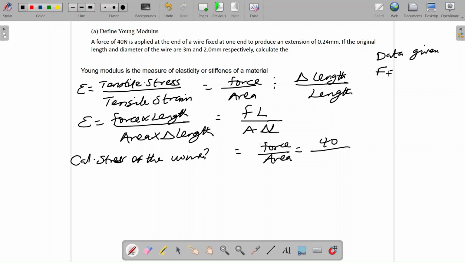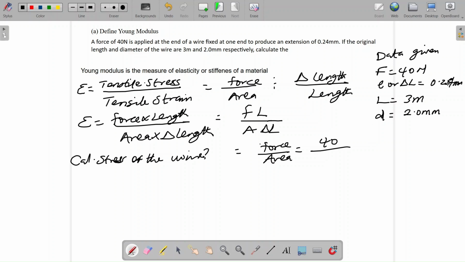Your force equals 40 Newton. Your extension or change in length equals 0.24 mm. Your original length equals 3 meter. And the diameter equals 2.0 mm.